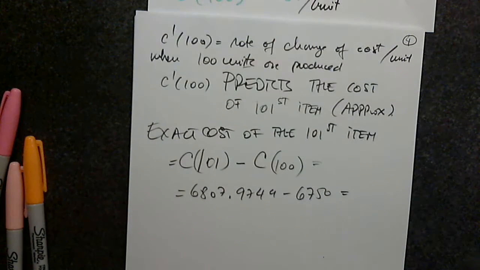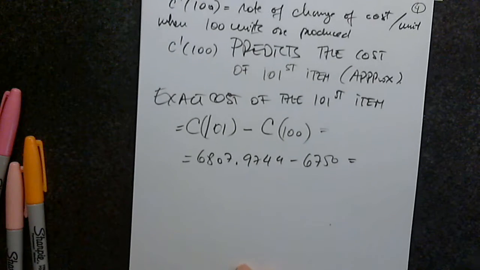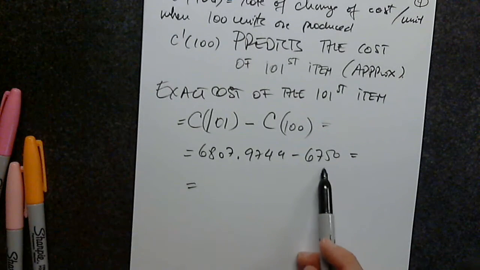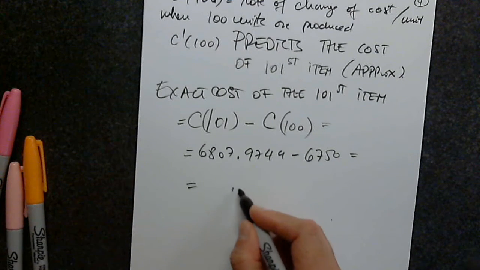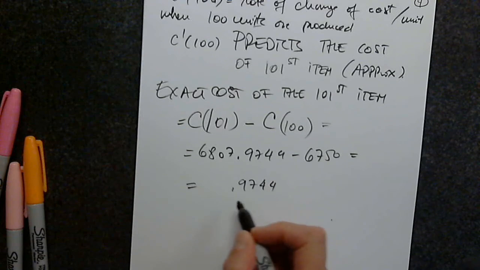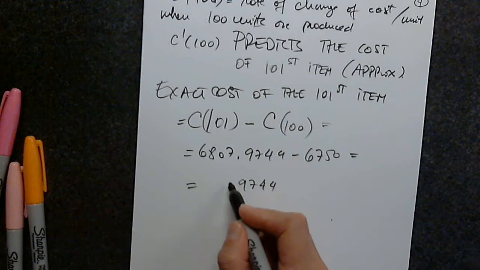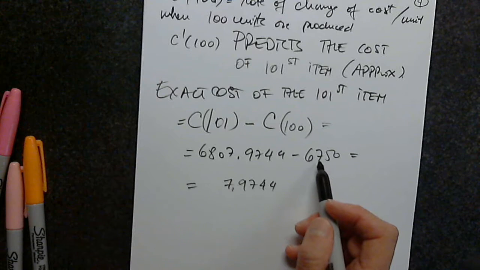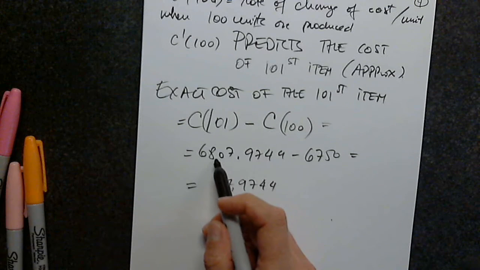So we can see indeed how close this is. So when we subtract these two, what do we get? So 57.9744, and we get 7, and we get, is it 5?